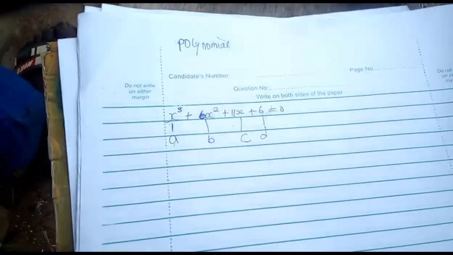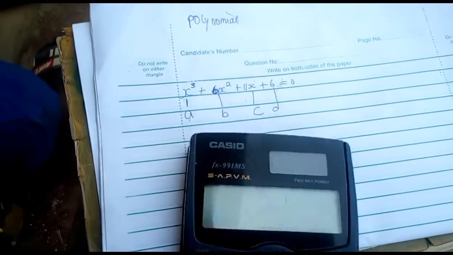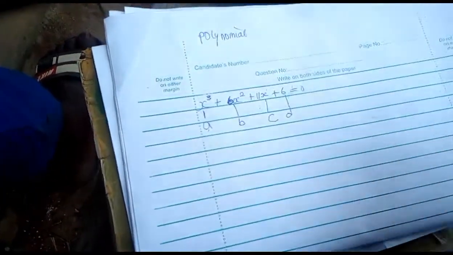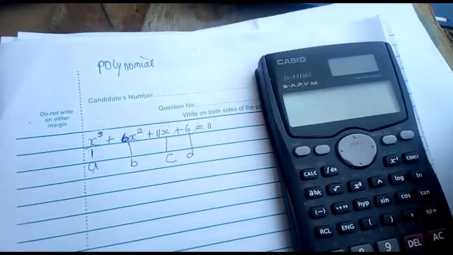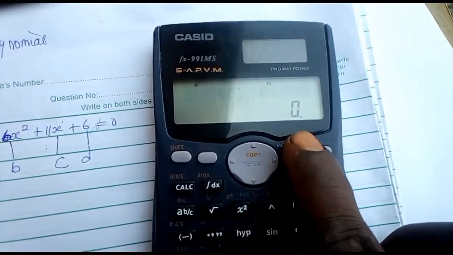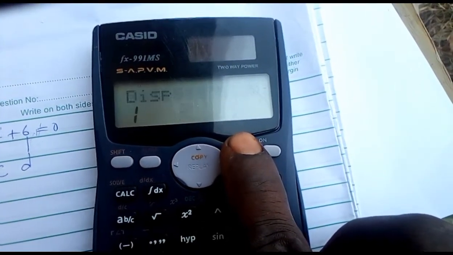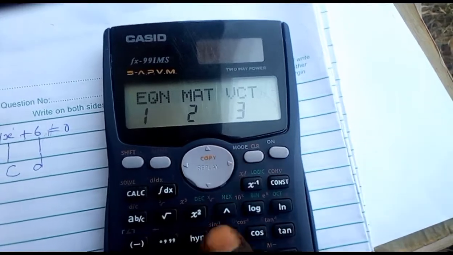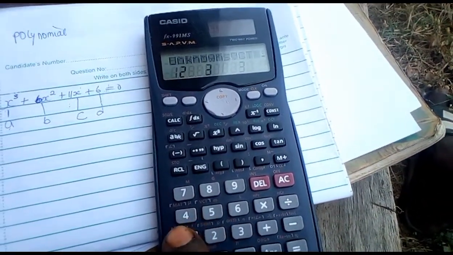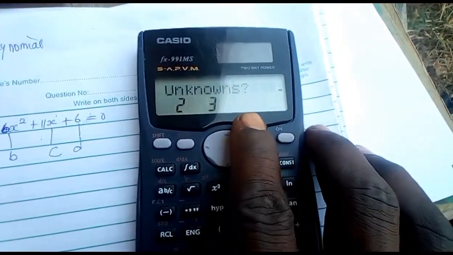Now let us go. If you wish to solve this using the calculator, here is what you do: power on your calculator, head on to mode, then tap equation under 1. Then you see unknown 2 and 3, right?